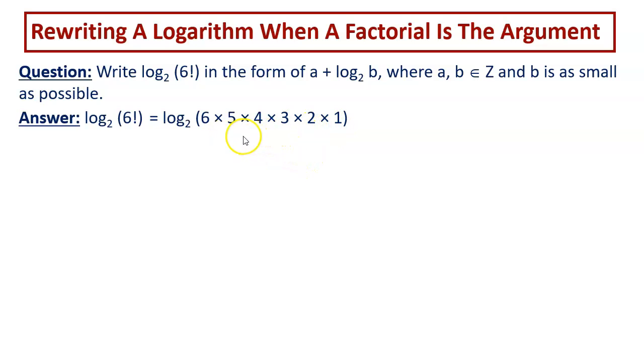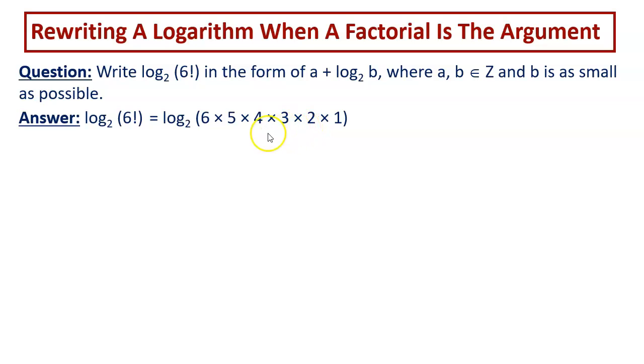And now we have to definitely group these numbers. We have to make two groups, because they have asked us to give this expression as a combination of two terms added together. So we have to make two groups and use the product rule of logarithms to separate them, right?